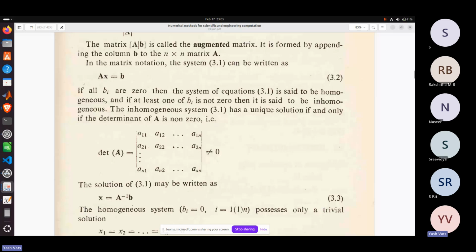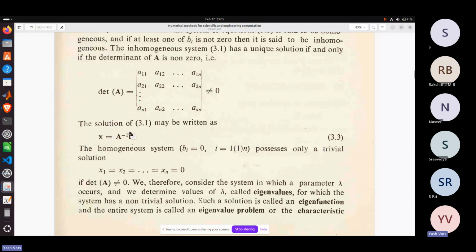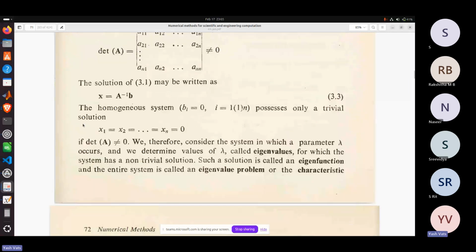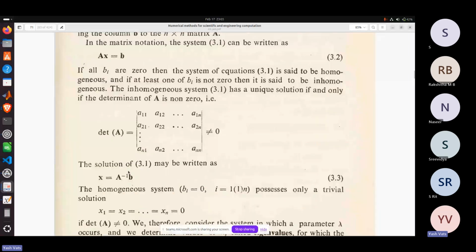If the determinant of A is non-zero, then Ax equal b has a unique solution, which is given by x equal A inverse b. If you have a homogeneous system, b is zero, so you get the zero solution, the trivial solution. And if the determinant is zero, then A inverse does not exist, so you cannot invert A in such a way.